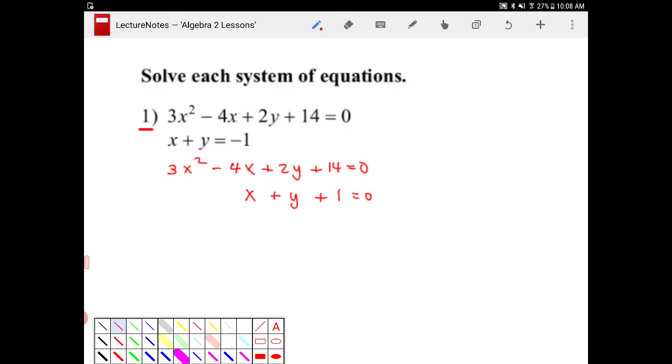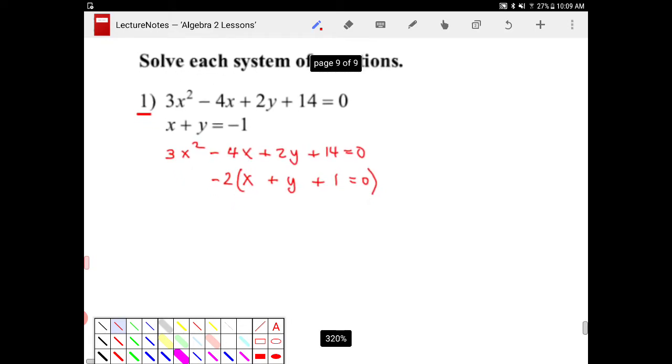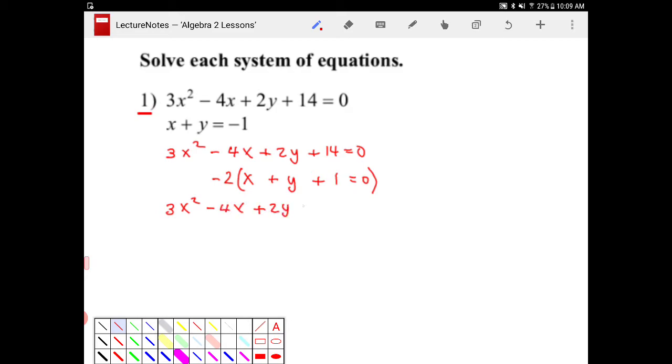And what I want to do with this is eliminate the y's. So to do that, I am going to multiply the bottom equation by -2. And if I do that, this will transition into 3x squared minus 4x plus 2y plus 14 is equal to 0.